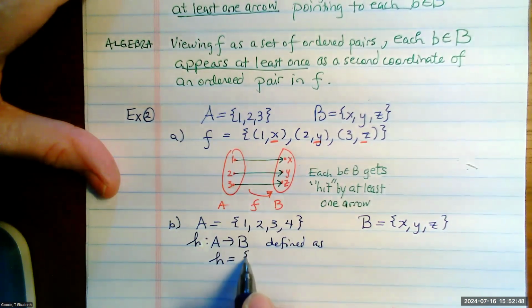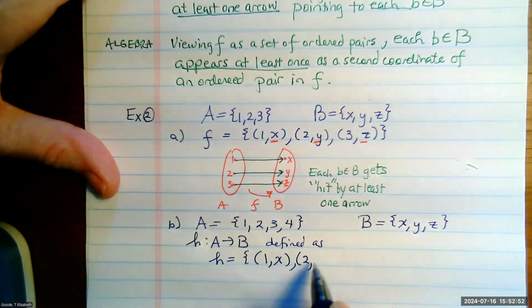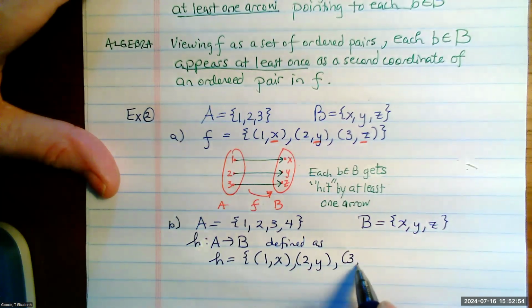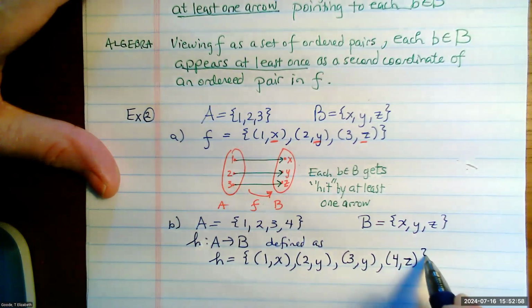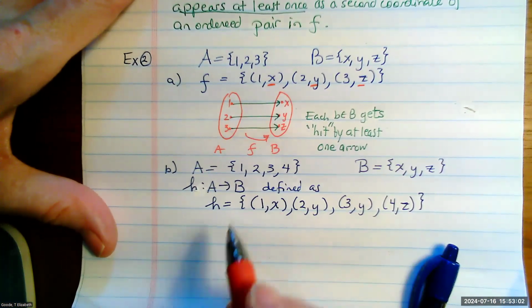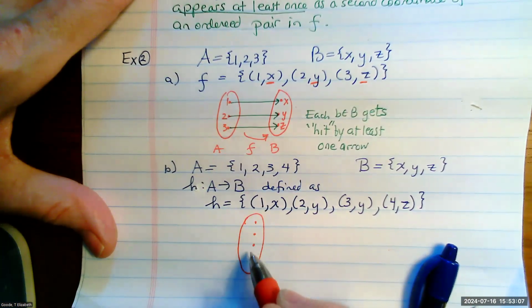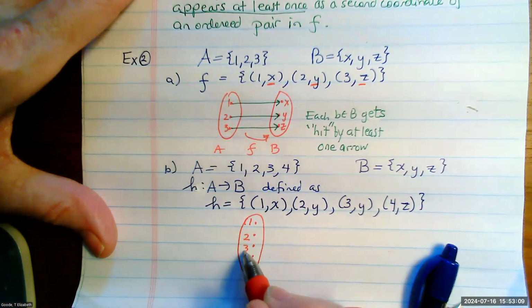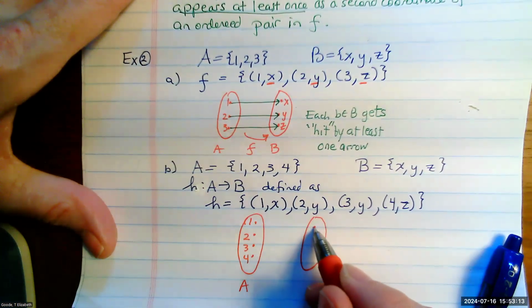H is going to be the map where 1 maps to X, 2 maps to Y, 3 maps to Y, and 4 maps to Z. If we draw the arrow diagram now, our A has 4 elements in it. Maybe I should have called it C or something. It doesn't really matter. It's a different problem.